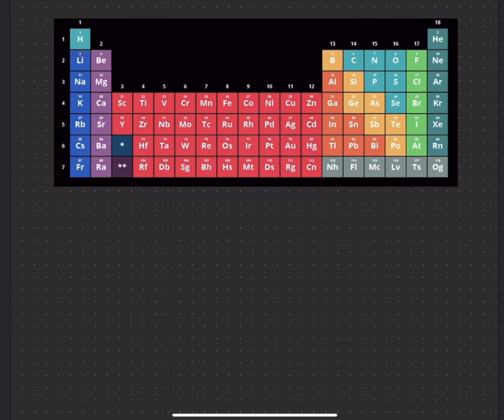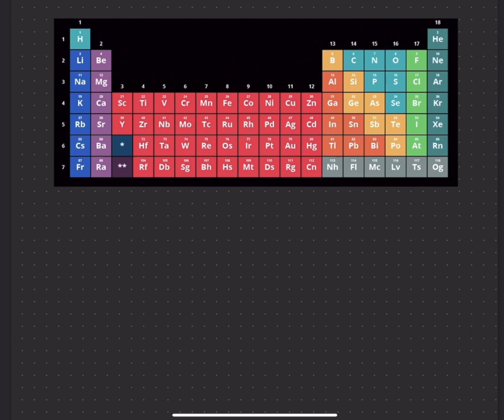And that points us already at an important property of the periodic table of elements, in which the elements are arranged by their atomic number, their chemical properties, which are linked to the number of valence electrons along the columns, and these columns are called groups, and the number of electron shells along the rows, which are called periods.